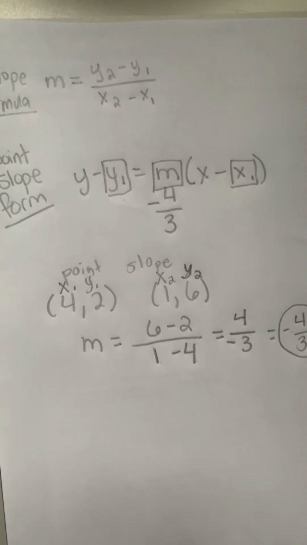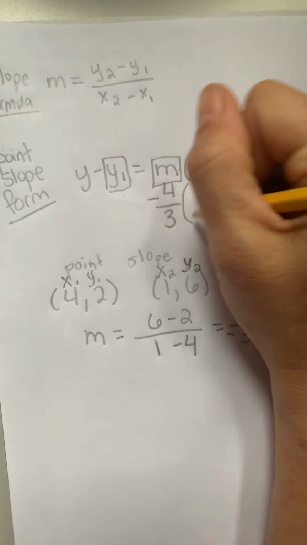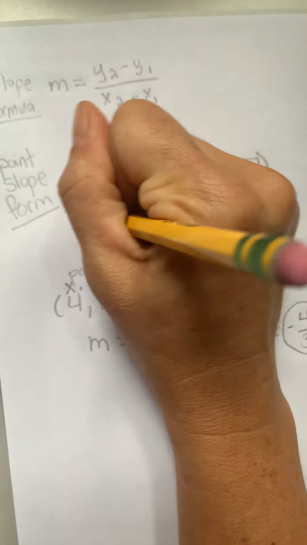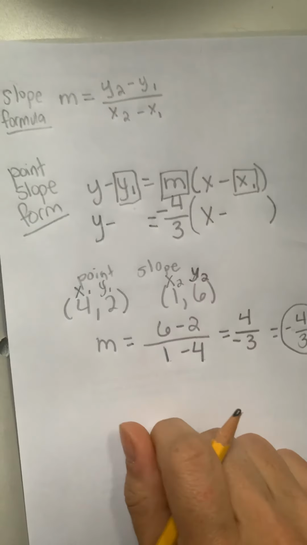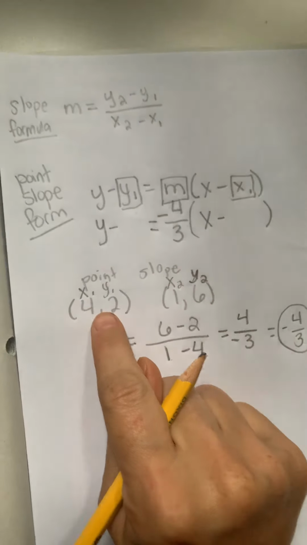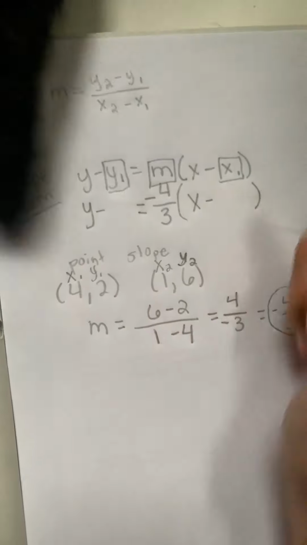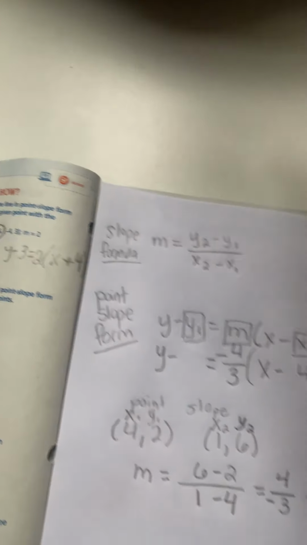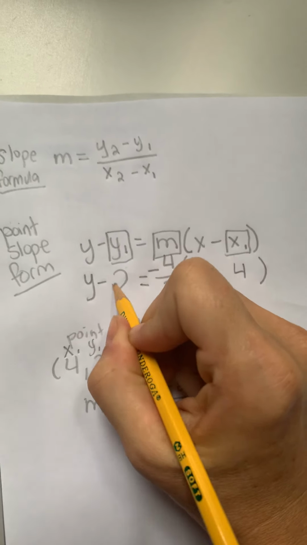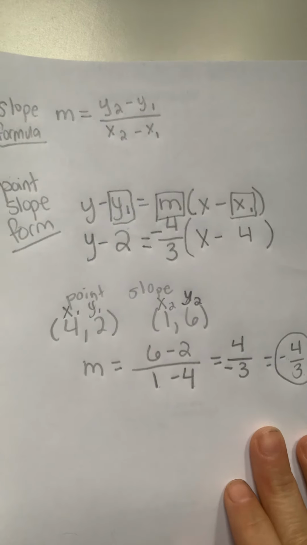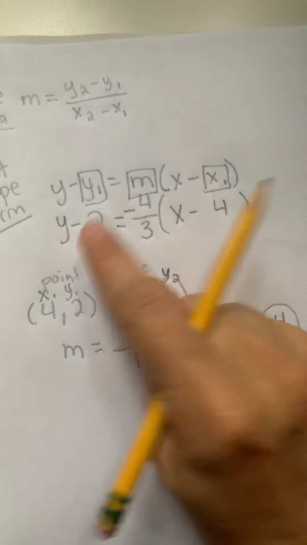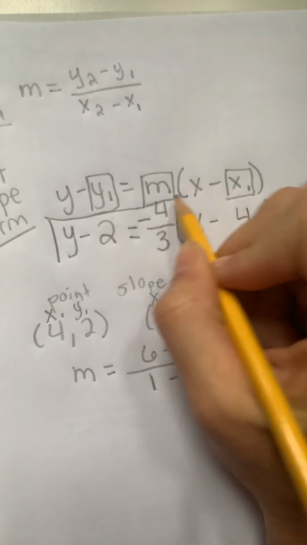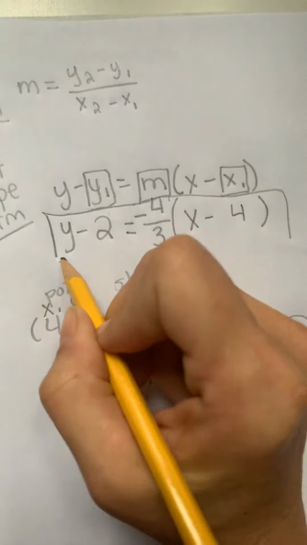Okay, so those are the things that I plug in, and the rest of it just comes down. And y1, let's see, if I use this formula, then I plug in 4 for x1, check, stop, and 2 for y1. And this is the answer that you give. They asked for an equation in point slope form.